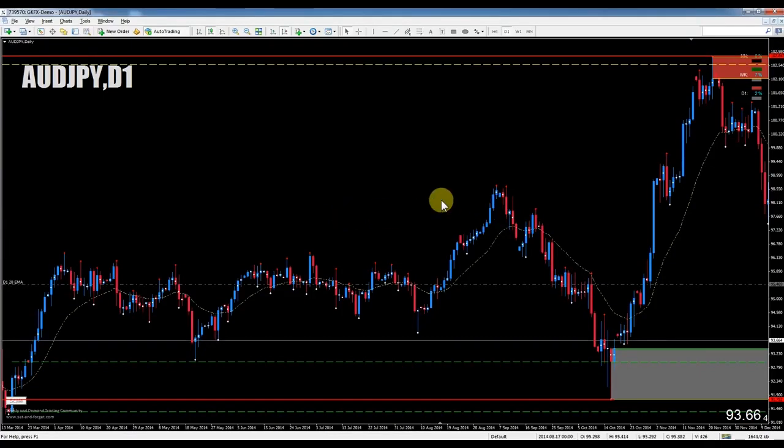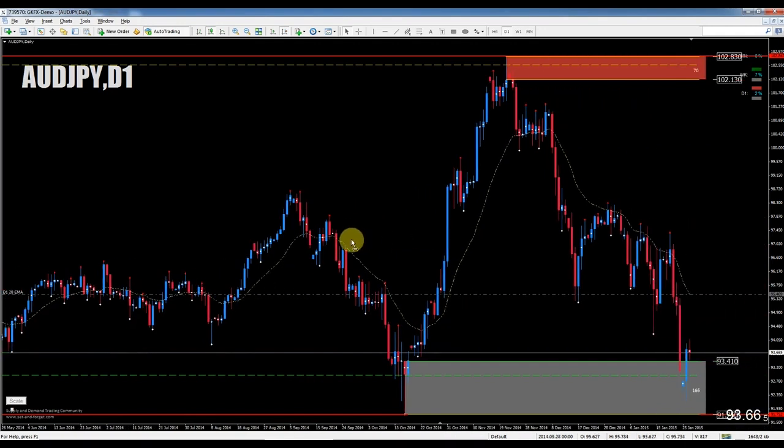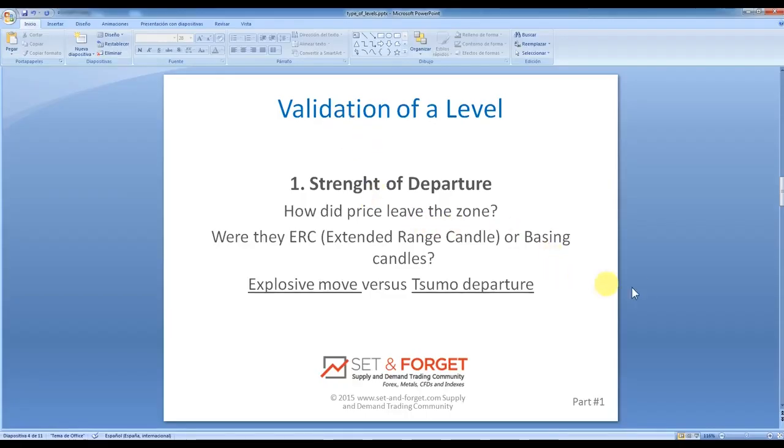There will be many times where that departure will not look good and the level will work, and it will have a strong reaction, but that doesn't mean it is a rule. It is just an exception that confirms the rule. So this is it about the departure. Thanks a lot.